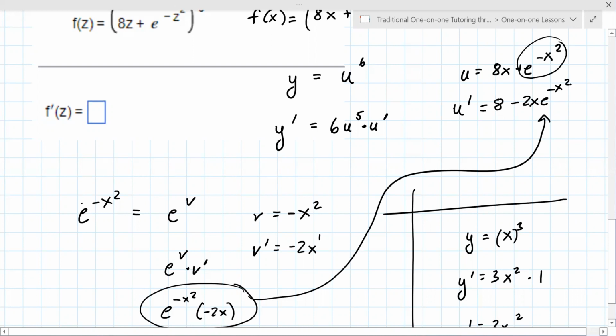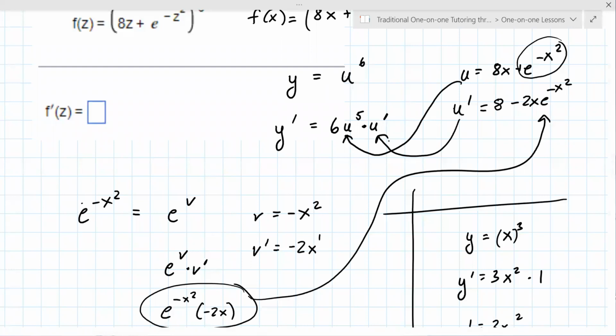There's your derivative. And now we can go back and take the u that we calculated and put it in here. So we can take this u, put it in there, and then this u prime, put it in there. And that's what I meant by the blocks and the subsystems. The other thing is it's really in terms of z, so we're going to do that now.